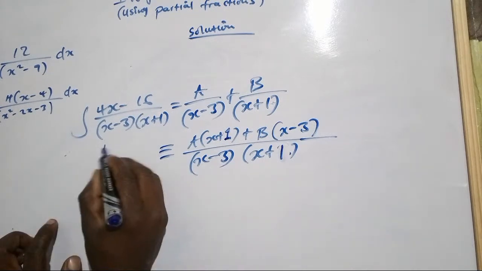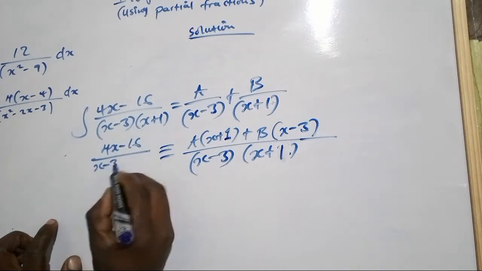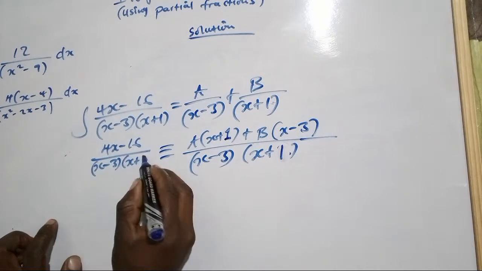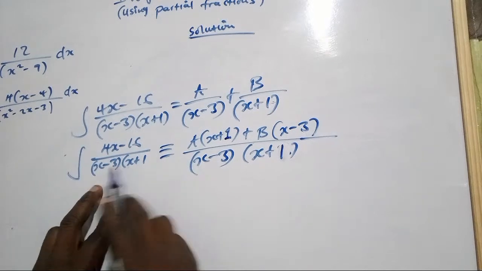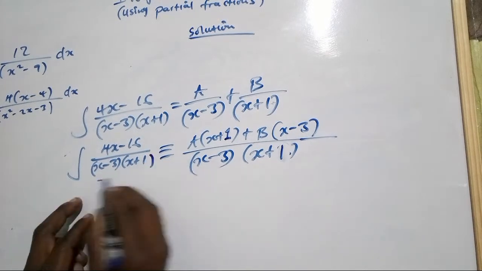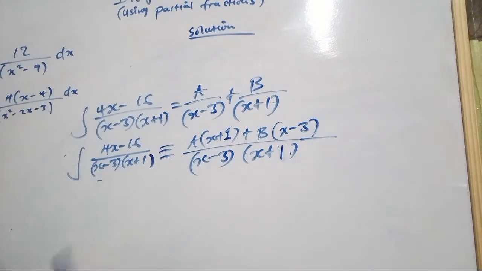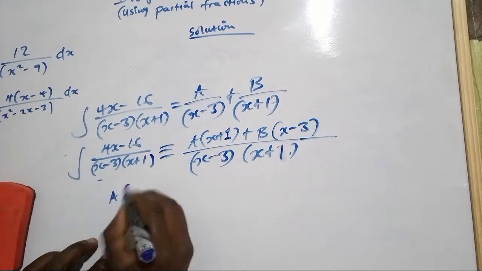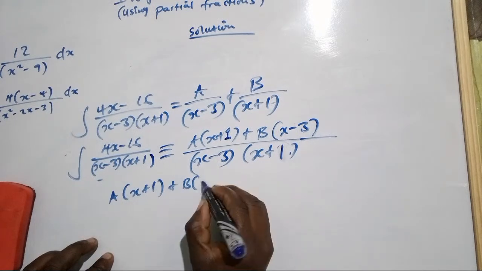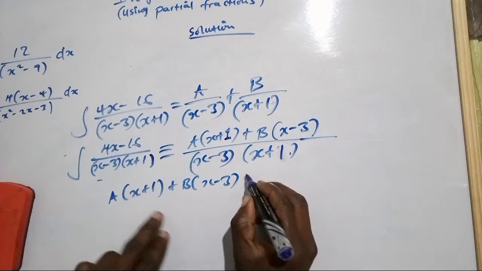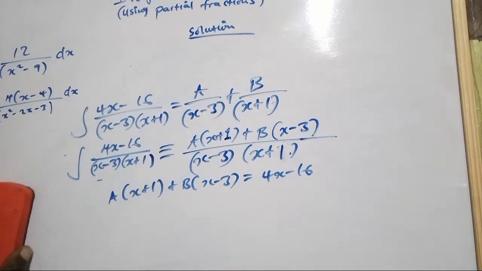So we're going to say 4x minus 16 over x minus 3, x plus 1, the integral, because we have the same denominator here, so we only equate the numerator. In which we're going to say A open bracket x plus 1, then plus B open bracket x minus 3, which should be equal to 4x minus 16.